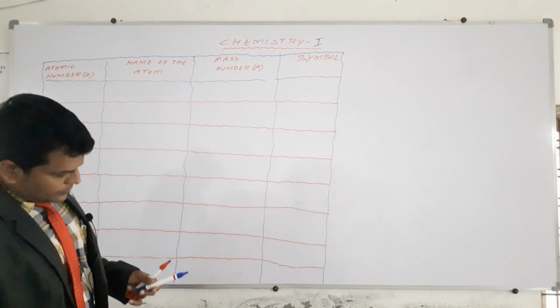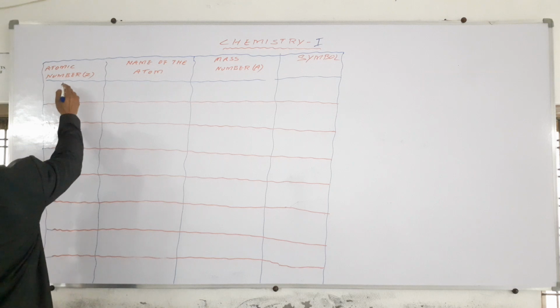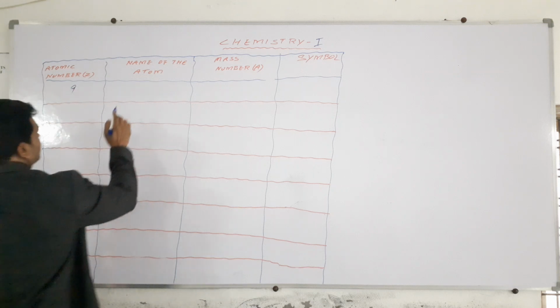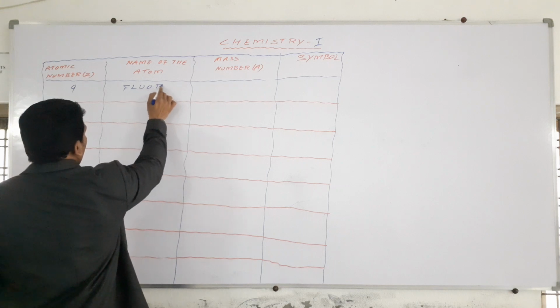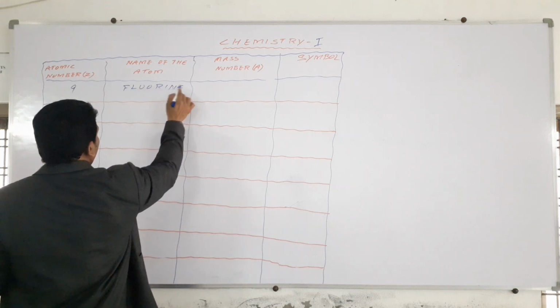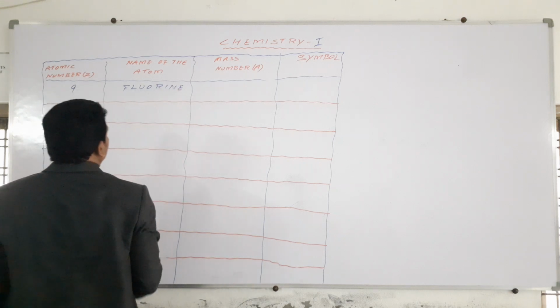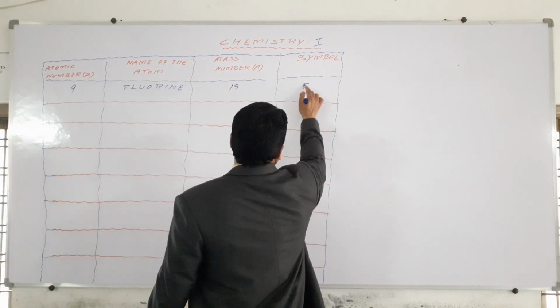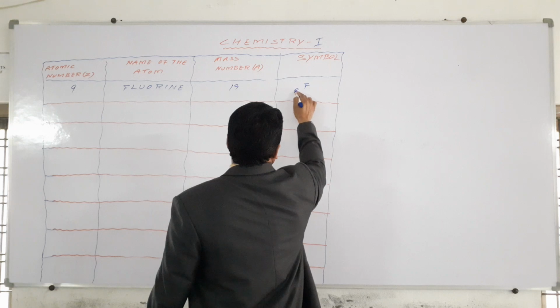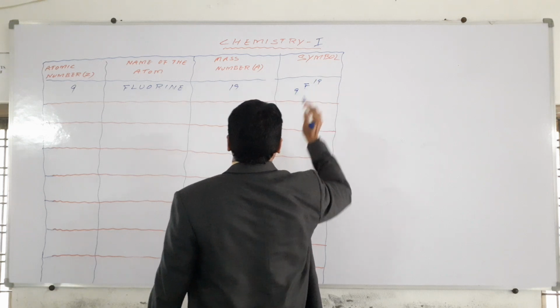Next, atomic number 9. Name of the atom fluorine. Mass number 19. Then we may write fluorine 9, 19.